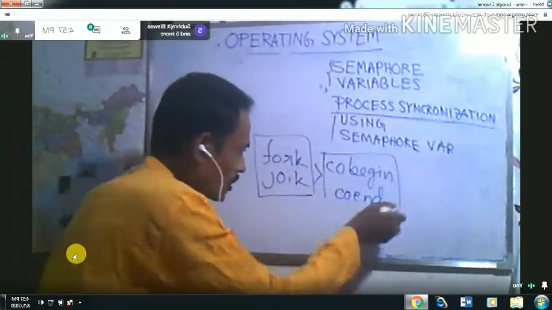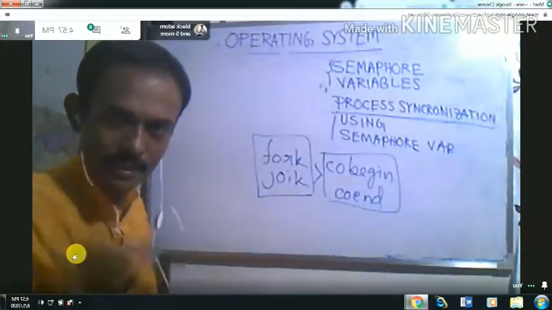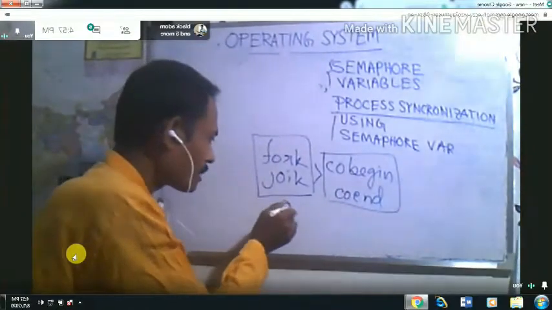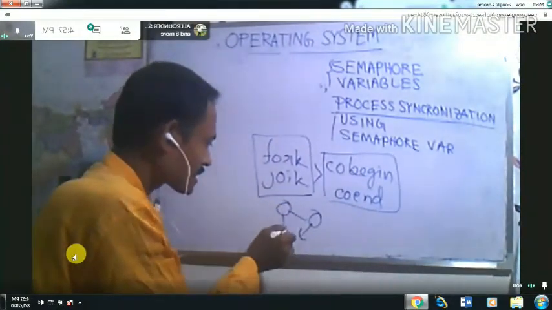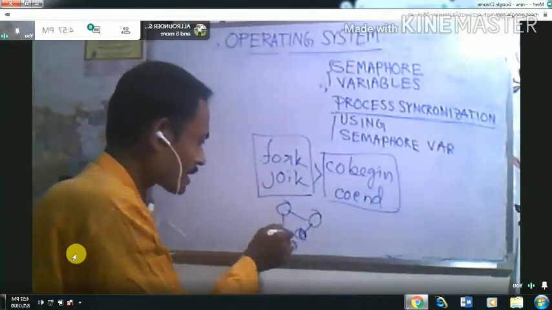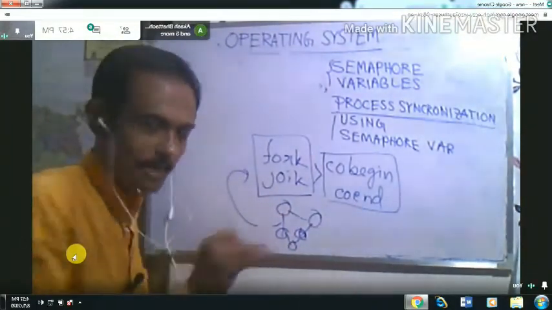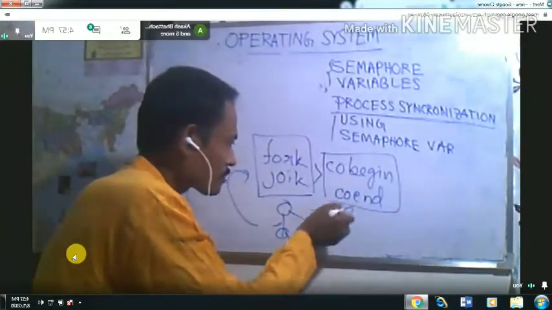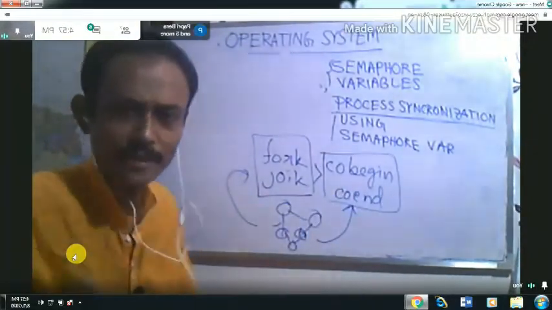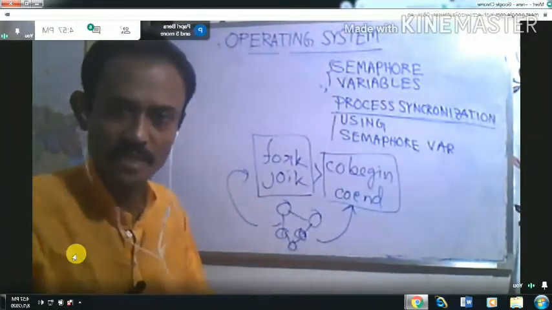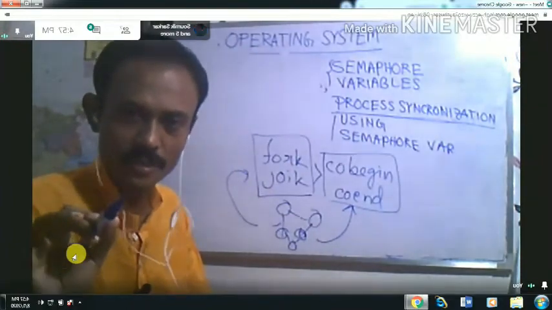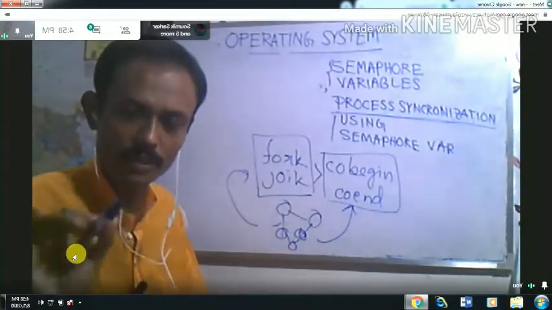The reason is that for any precedence graph, you can write the parallel program using the fork join construct, but you cannot write the parallel program using co-begin co-end for all kinds of precedence graph. Only for some selective precedence graphs can you use the co-begin construct.